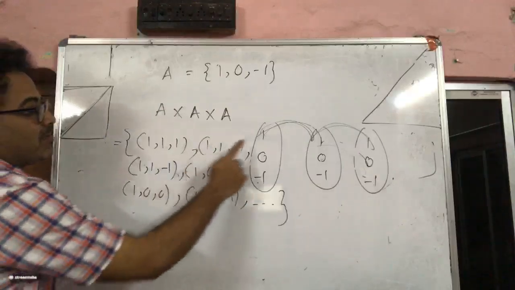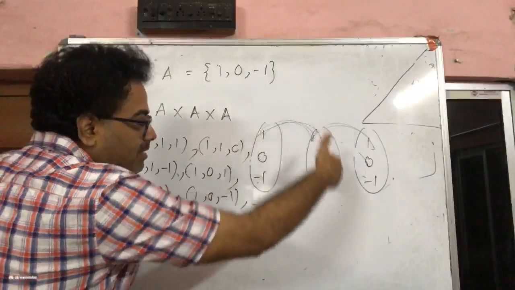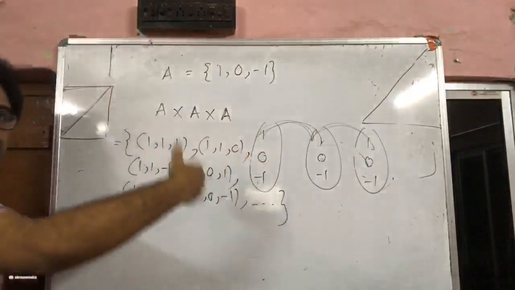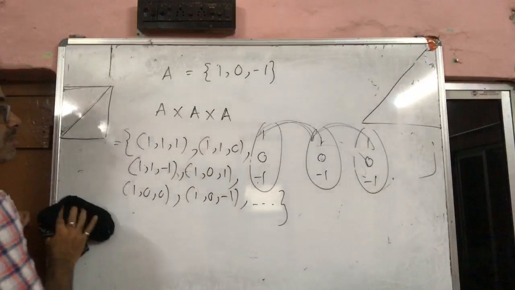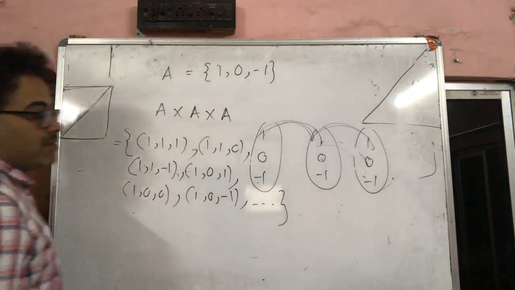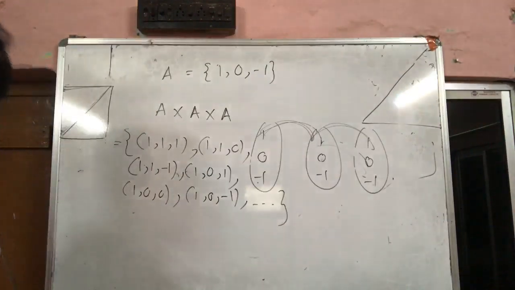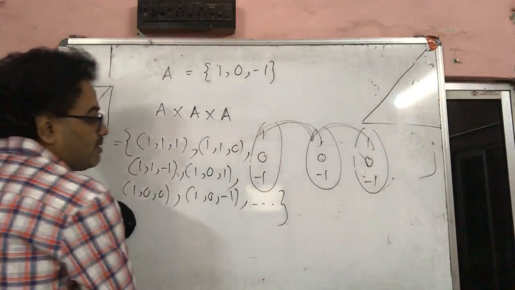So you can see 1 1 1, 3 3 3, 3 times 3 is 9, 3 times 9 is 27. Okay, don't worry, everything will be there in the note. Okay.